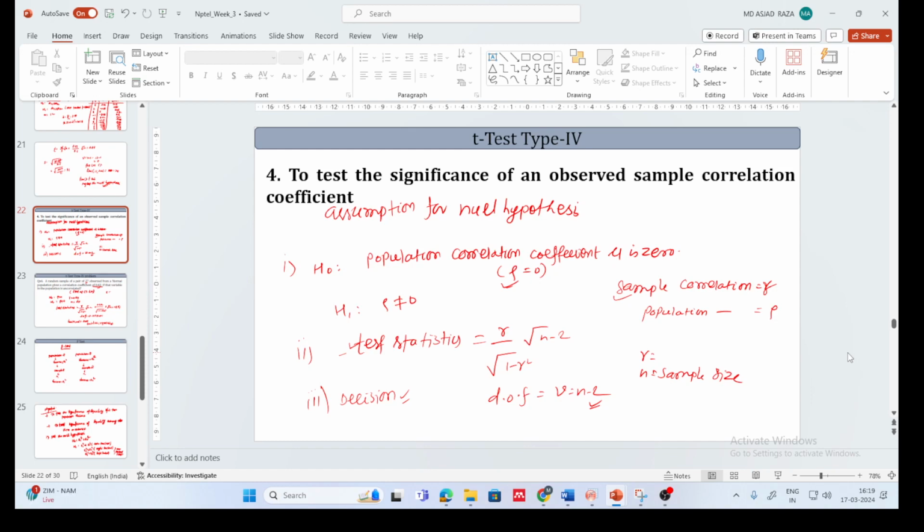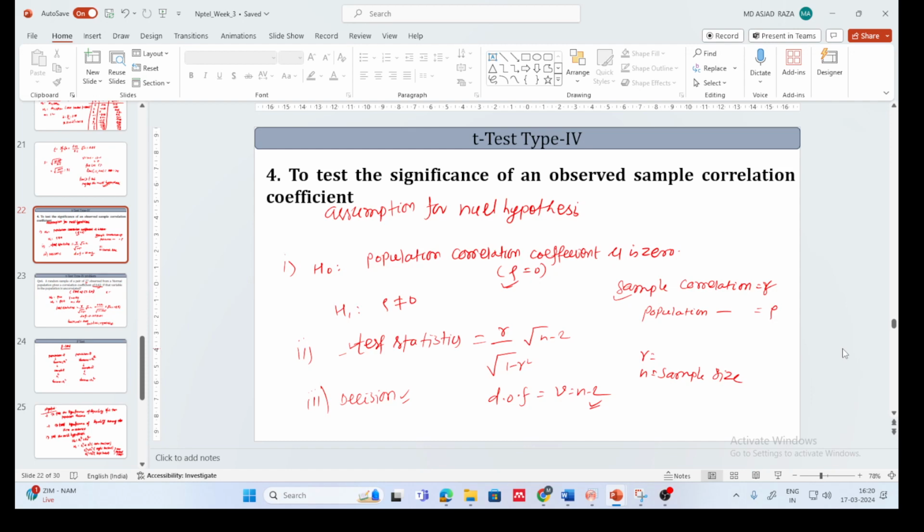We can correlate one person to another person, but we can't correlate a single person with itself, right? Does it make sense? So in that case, when we're talking about correlation, the degree of freedom will be n minus 2, because there will be at least two samples or two populations. Since correlation is coming, we have two groups of people or two groups of samples, so it's already two.